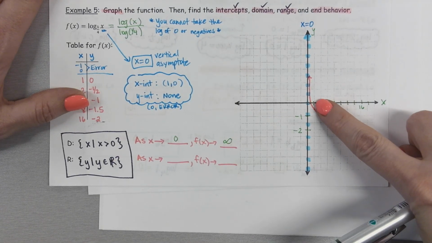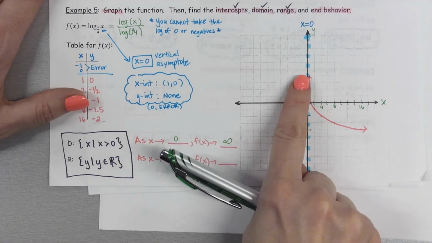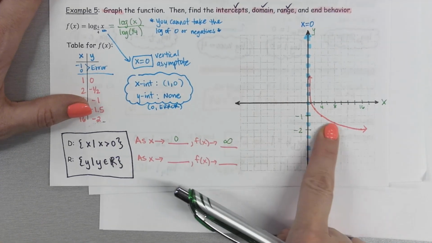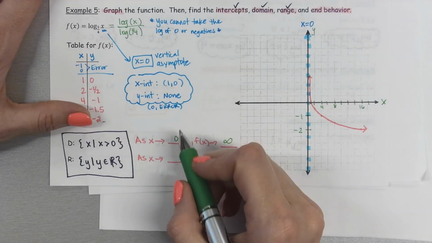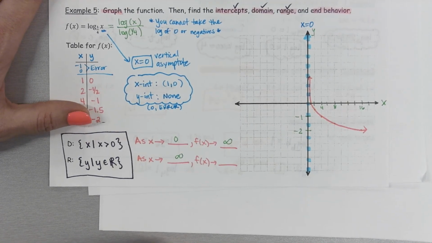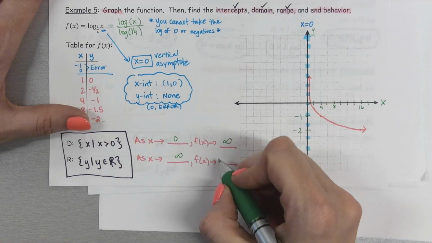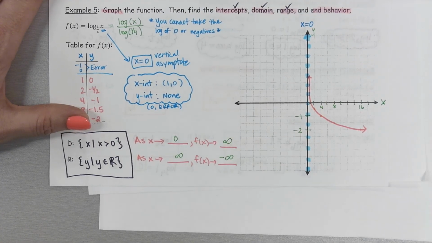Okay, so as x gets closer and closer to 0, the numbers get larger. On this side, the x values do get larger. They go to infinity. And then is this arrow going down or up? Down. So that means it goes to negative infinity.